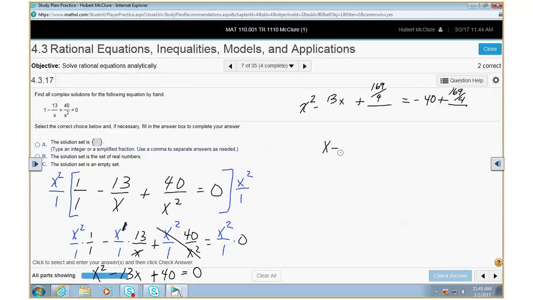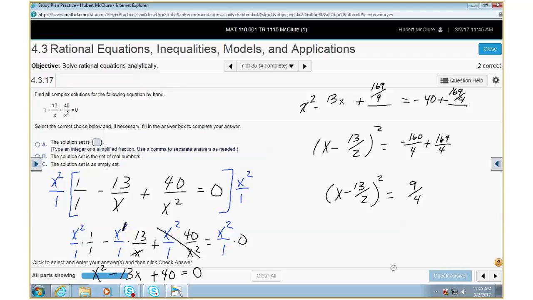X minus 13 halves quantity squared is equal to negative 160 plus 169/4.